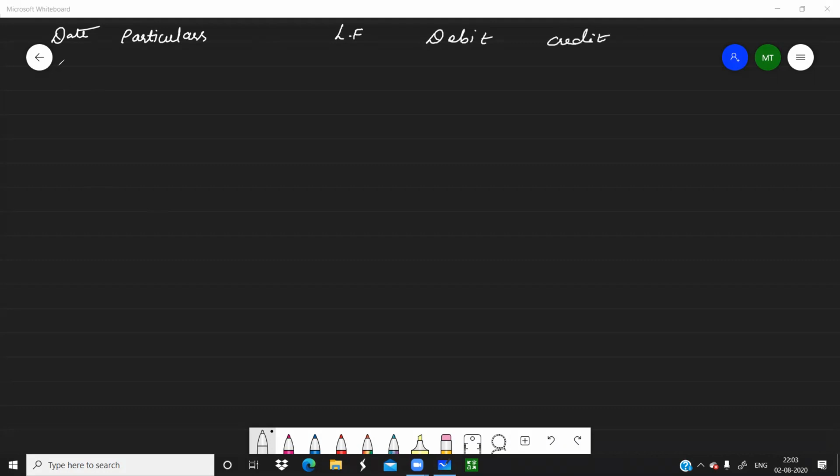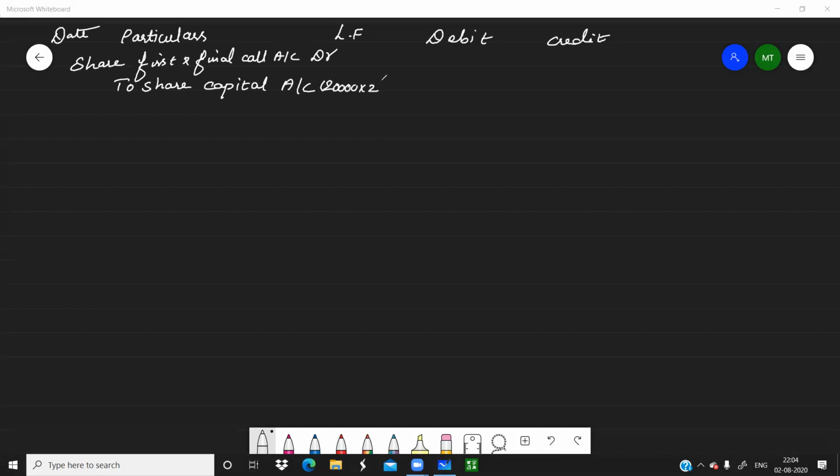So first, share first and final call account debtor to share capital account. The amount is 20,000 into 2, so 20,000 into 2 rupees.